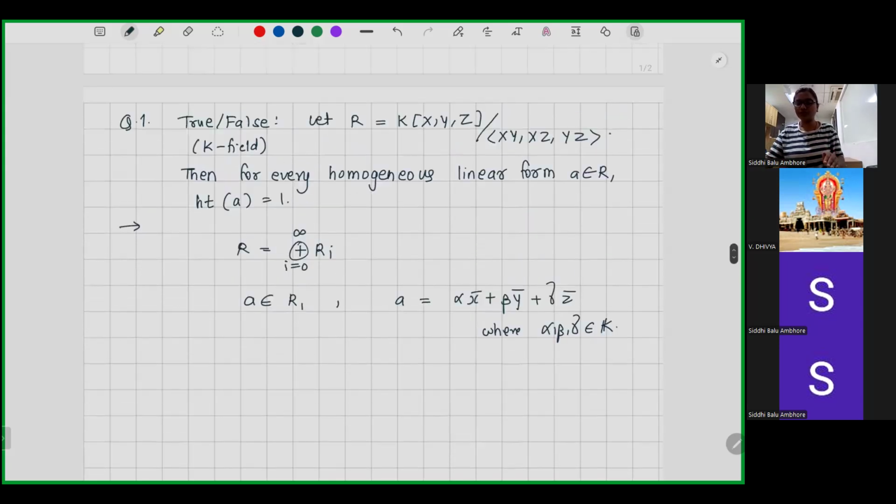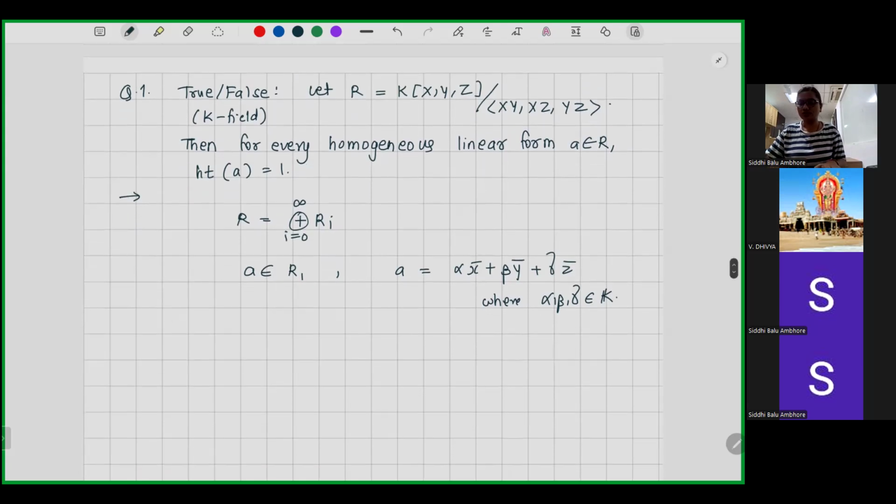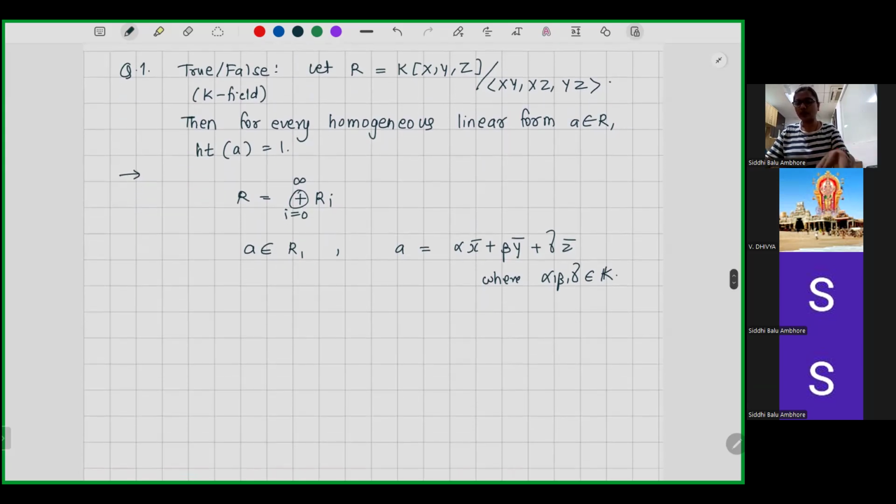So we have to check whether for every homogeneous linear form, the height of A is always 1 or not. Can you guess whether this will always be true in this ring R?